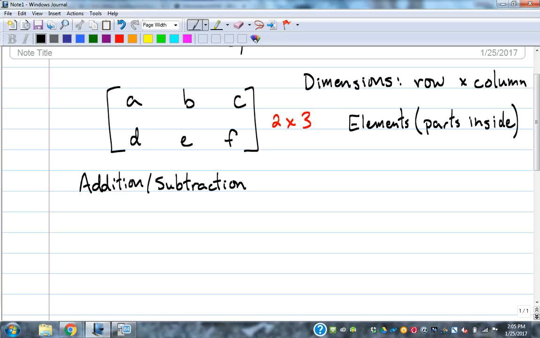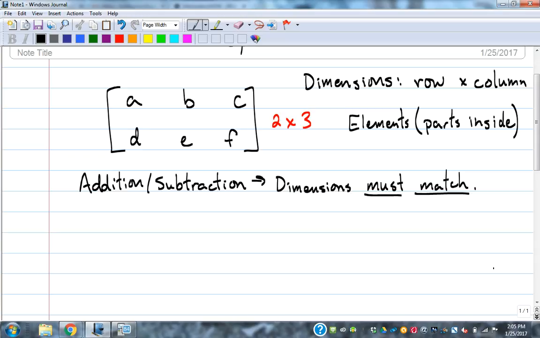In order to add and subtract 2 matrices, that's the plural of matrix, you've got to have 2 that are the same size, same dimensions. Dimensions must match. If they don't match, it's an undefined operation.